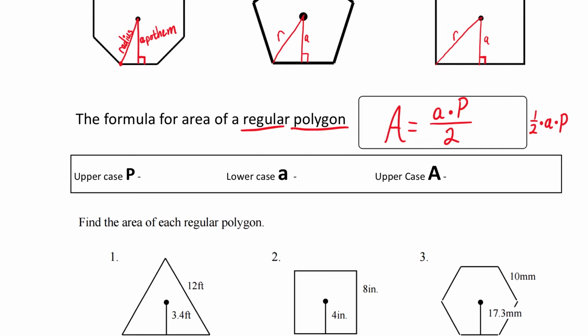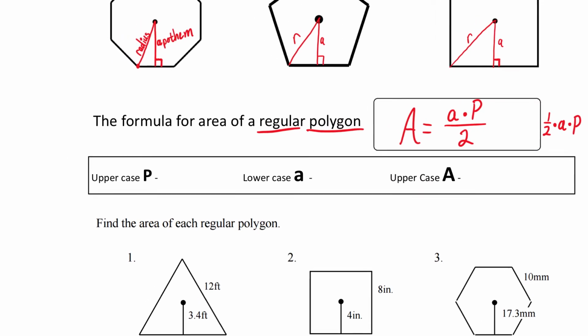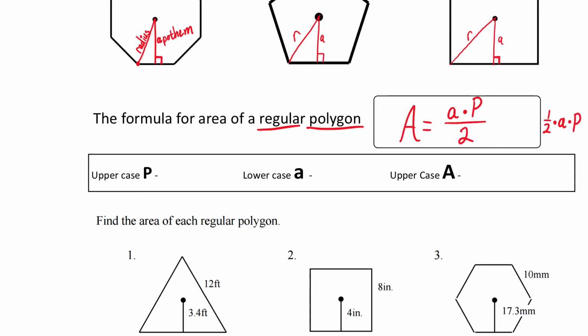All right, so let's talk about these different variables in this formula because it's easy to get these kind of confused. Okay, so this capital P in the formula, the uppercase P, refers to the perimeter of the shape. The lowercase a refers to the apothem.